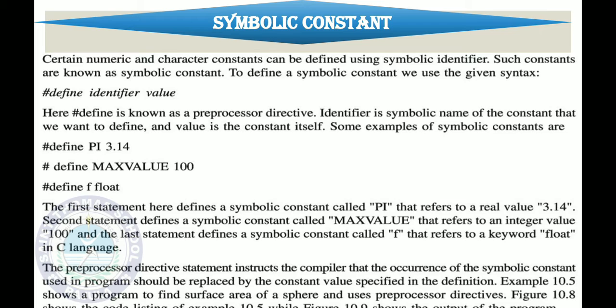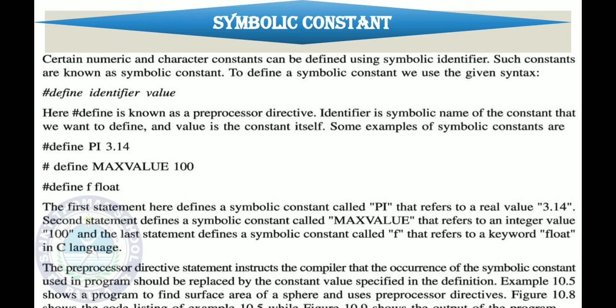Okay, so to define a symbolic constant we use the given syntax. First, hash define, that is compulsory, you have to write it down. Then after a single space, an identifier. Identifier means your variable name. Then you provide the constant value for it.